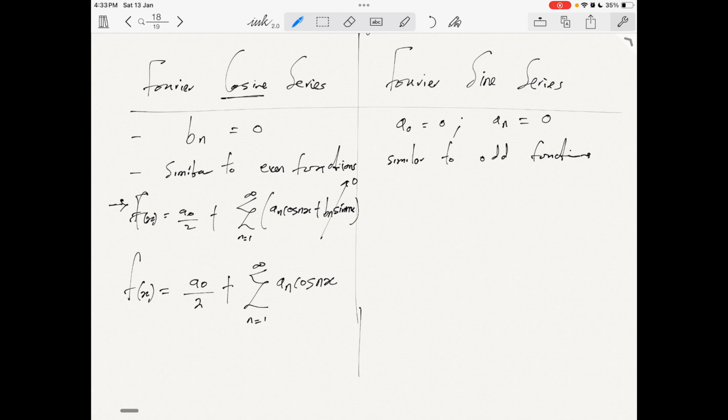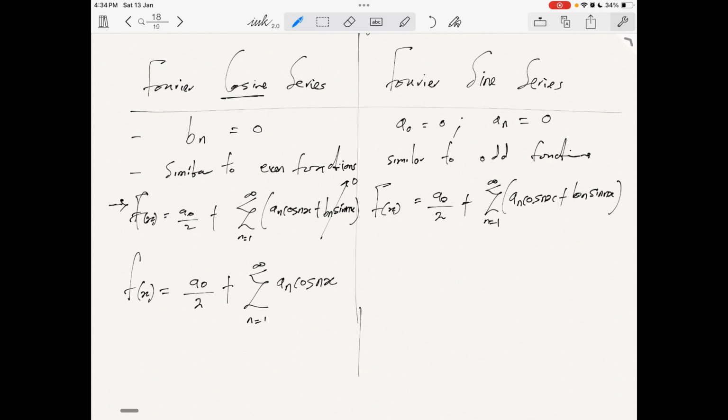Now for the Fourier sine series, we repeat the same thing by writing the general formula for the Fourier series. And in the sine series, the odd function has only sine terms.